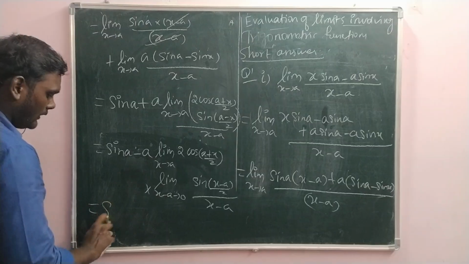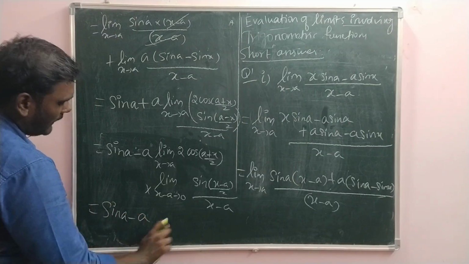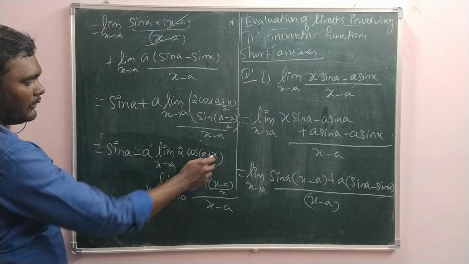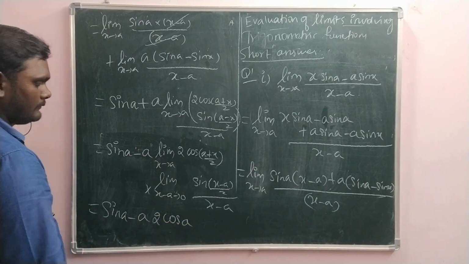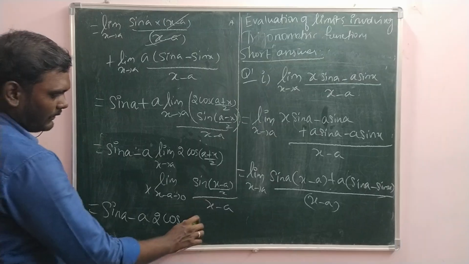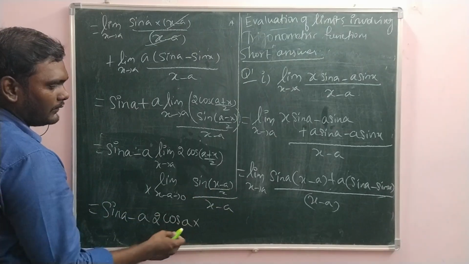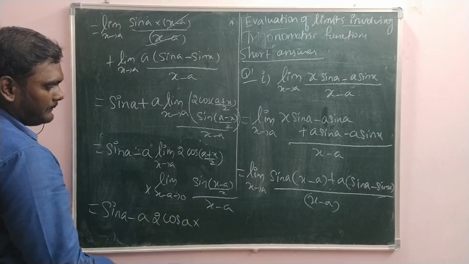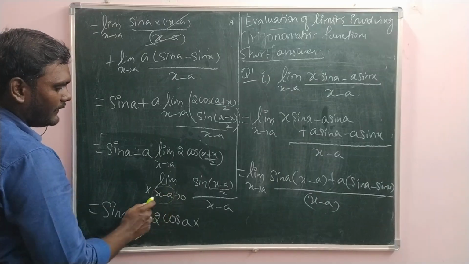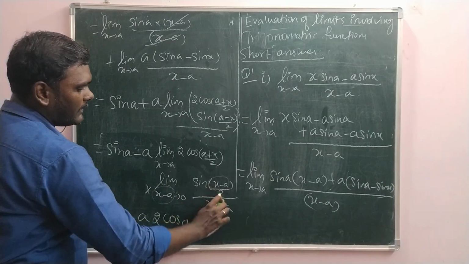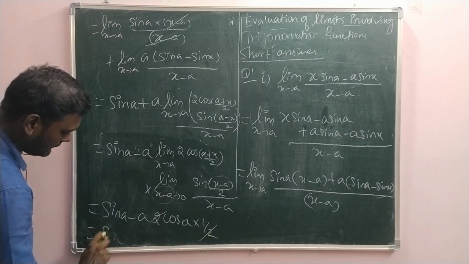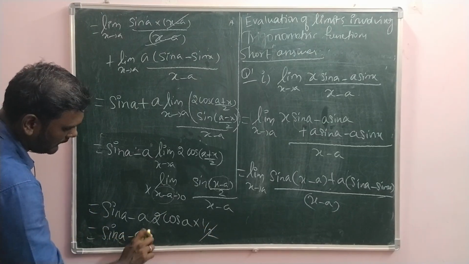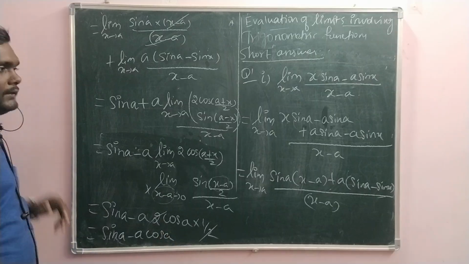Okay. Now we'll get sin a minus a into, if you substitute a, 2 cos a. The coefficient of x minus a is 1 by 2, so this 2 gets cancelled. We'll get sin a minus a cos a is the answer.